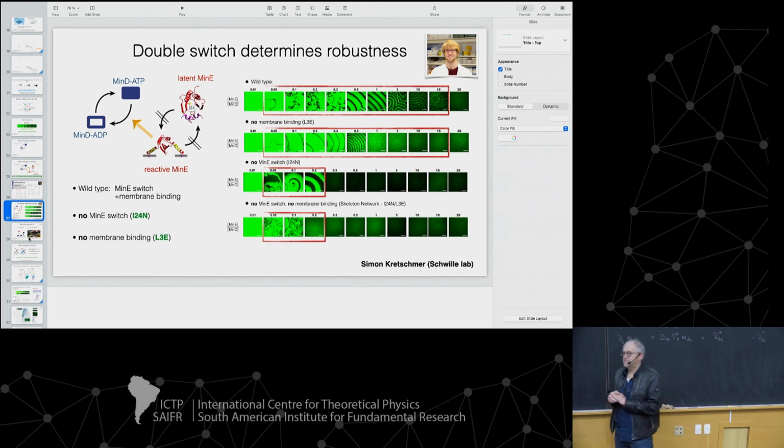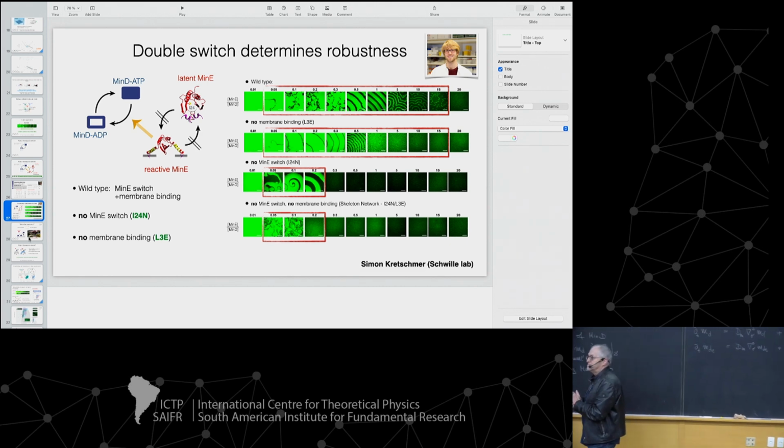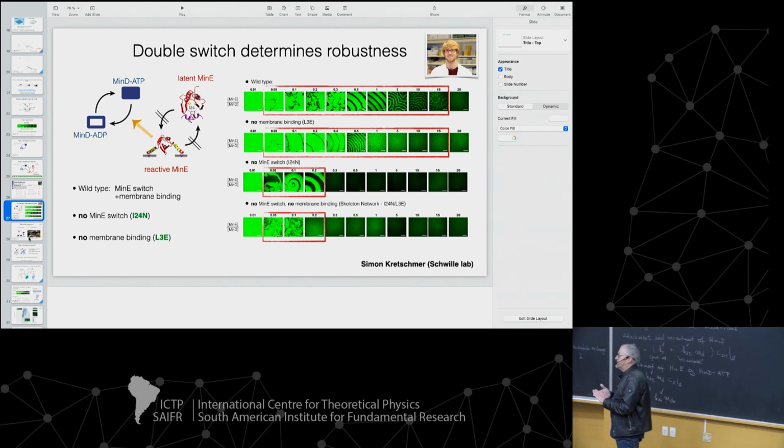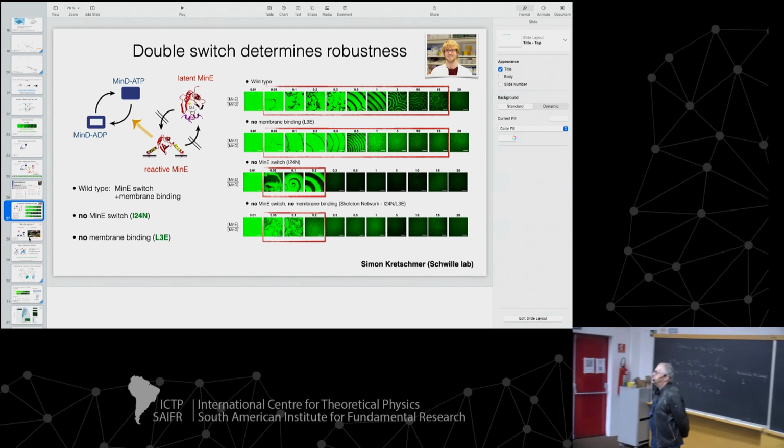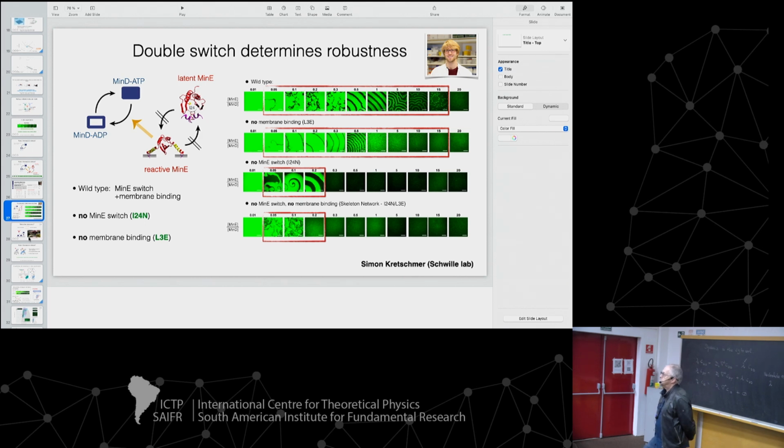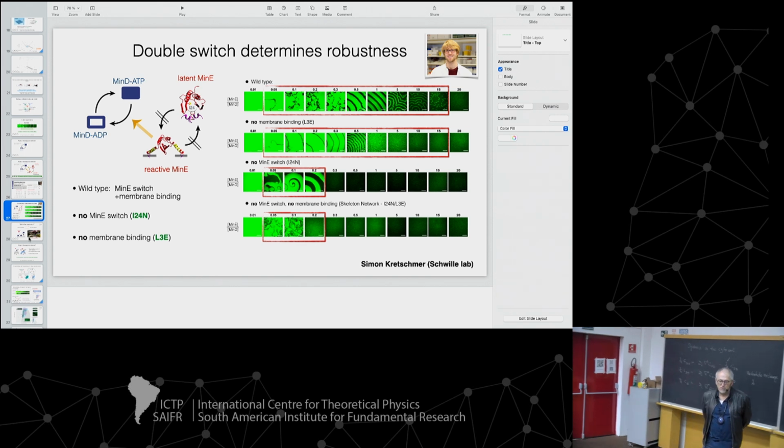Please. If the parameters matter to the kind of patterns that arise from your system, when you are studying a new system with little knowledge about the parameters, how do you deal with that? Very good question.